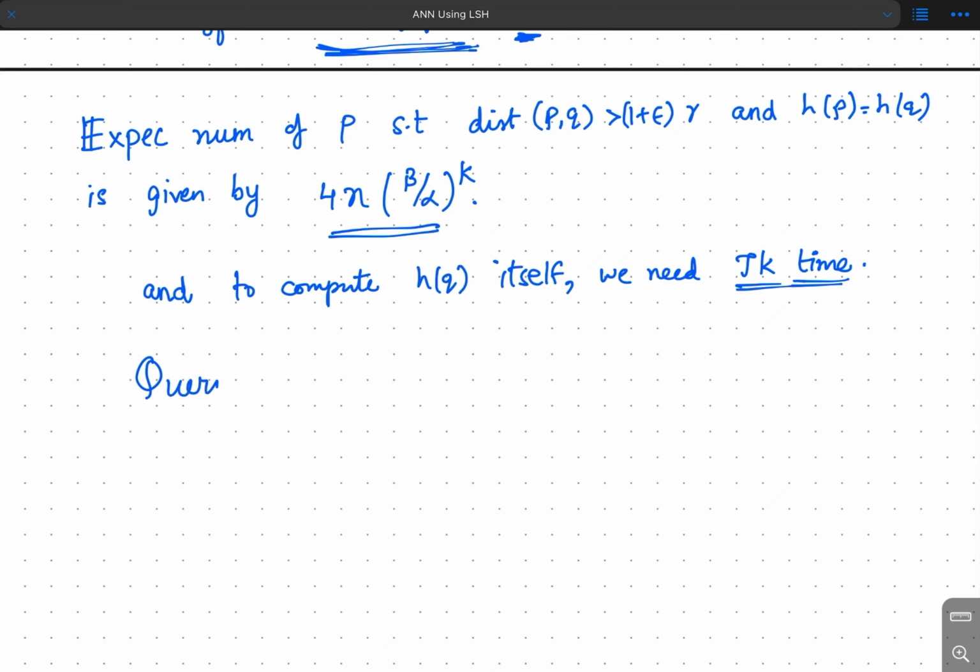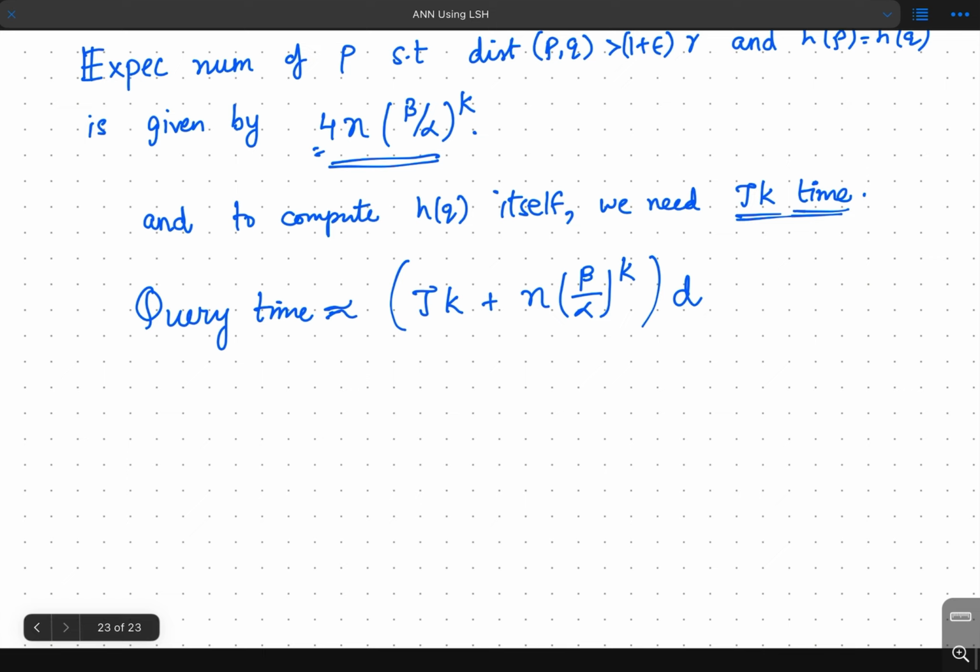So the query time will approximately be, discounting these constants, tau k plus n times (beta by alpha) whole power k. And of course there will be a factor of d, because we are assuming that we are in d-dimensional space, so each point has d coordinates. This factor d is kind of inevitable.